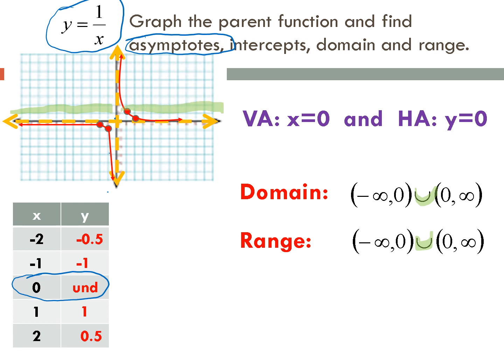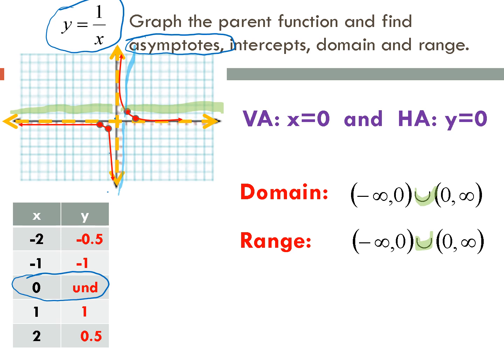So it's the union of those two domains. Same thing with the range. It's the union of negative infinity to 0, and then 0 to infinity. So it's the union of those two branches for domain and range.